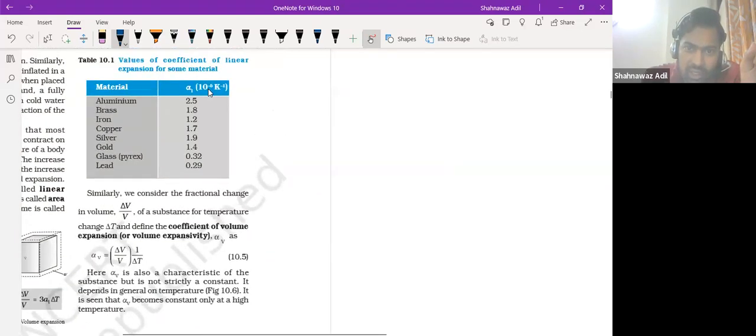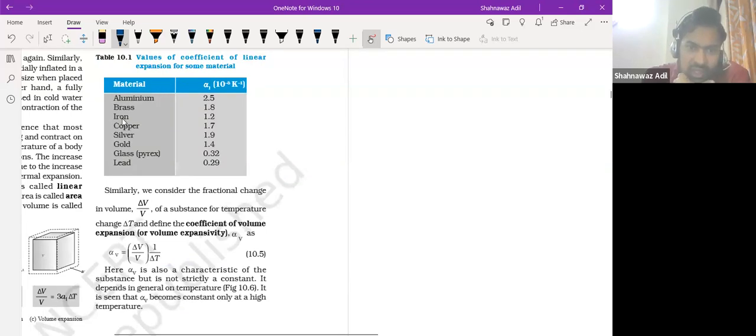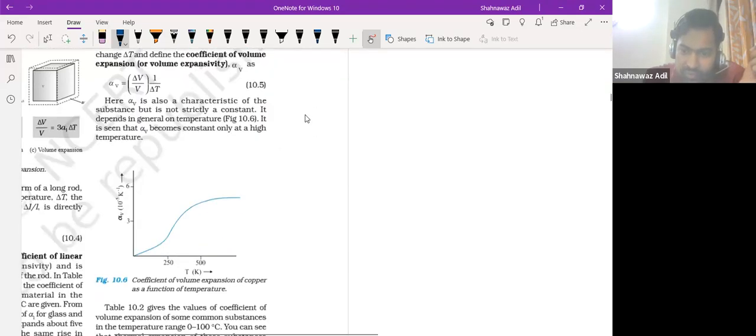So this is the material iron. The coefficient of linear expansion of iron is 1.2, and the order is also given here. This is not only 1.2, this is 1.2 into 10 to the power minus 5 per Kelvin. So it is given in per Kelvin, right?